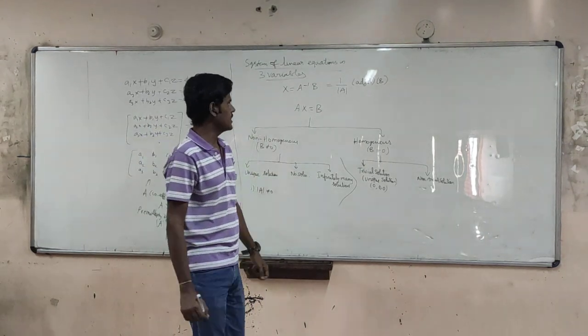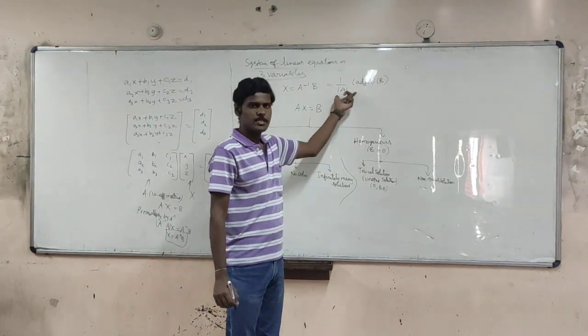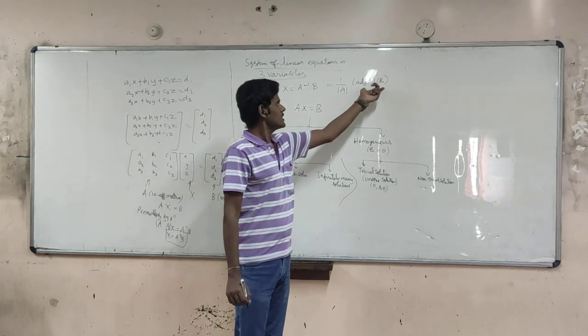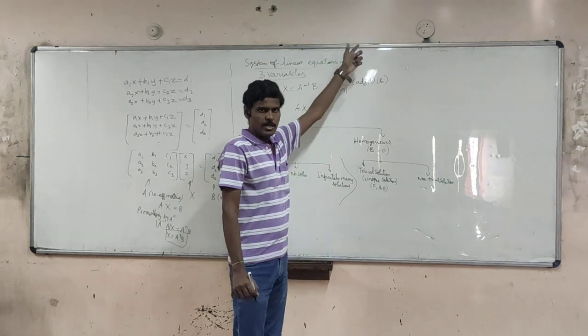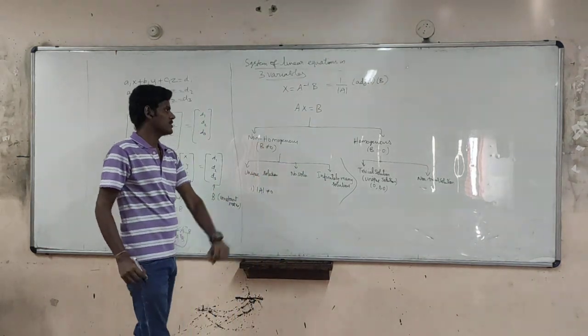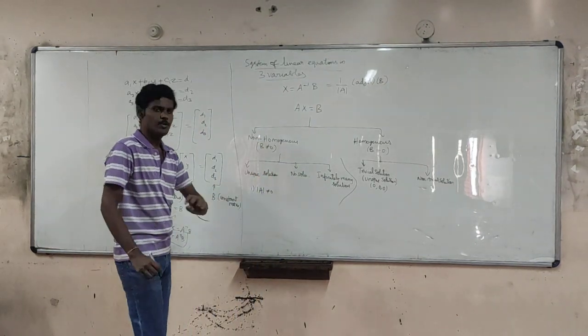That doesn't matter, because when determinant A is not equal to 0, this represents some value divided by some value. So this will have unique values, so this will have a unique solution.